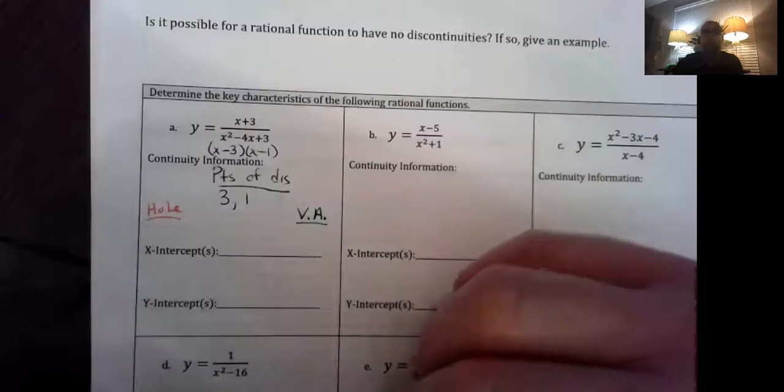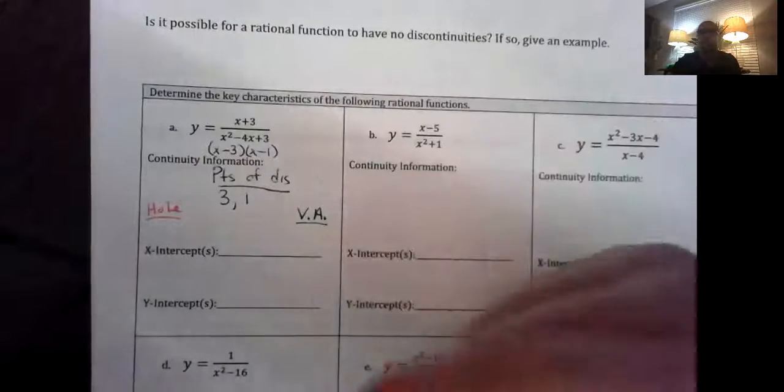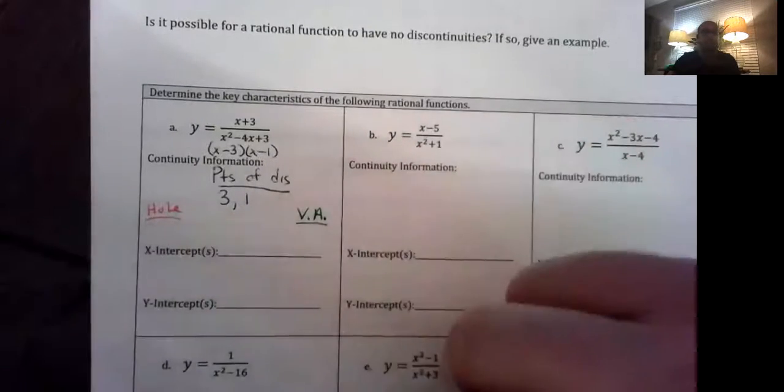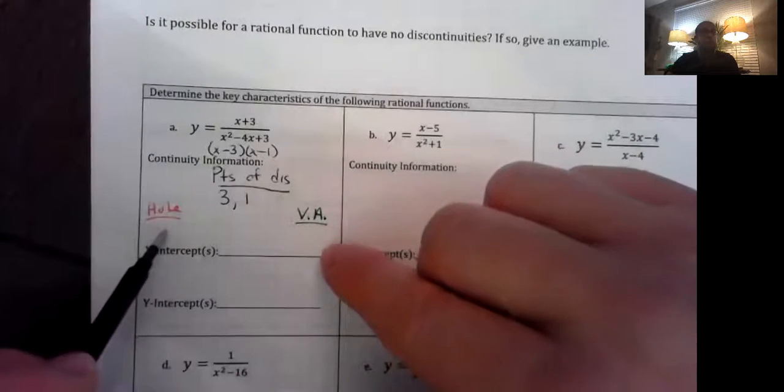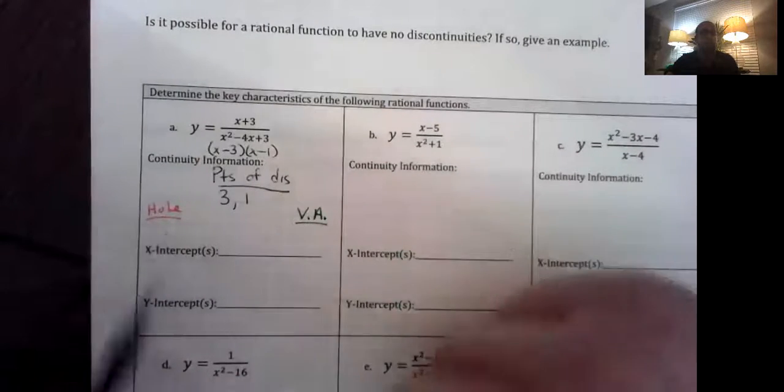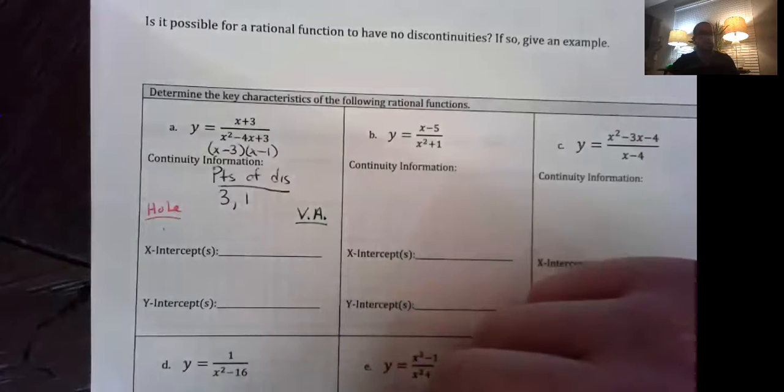I don't know which one, and it doesn't have to always be one of each. They could both be in one spot. They could both be in the other spot, but they do have to be classified as either a hole or a vertical asymptote. All right.